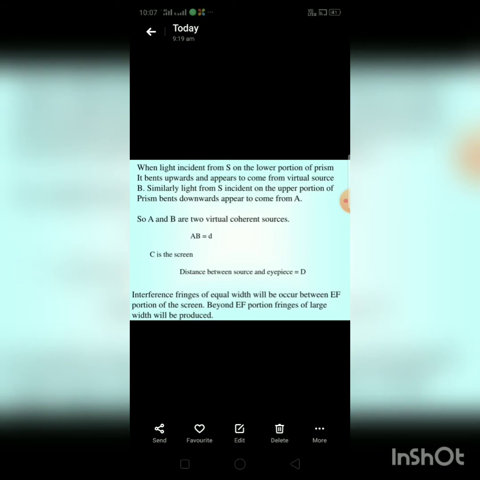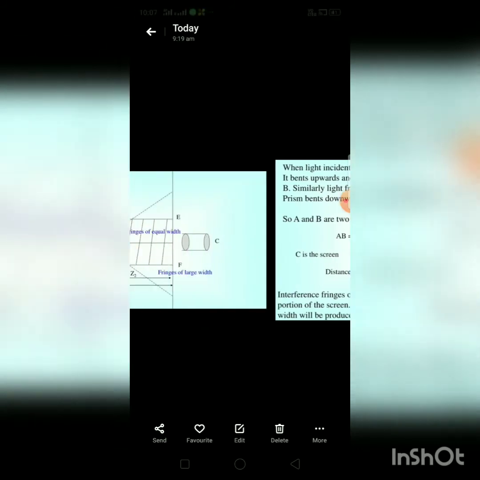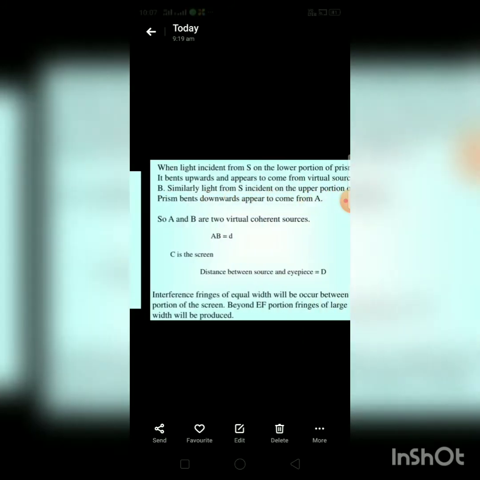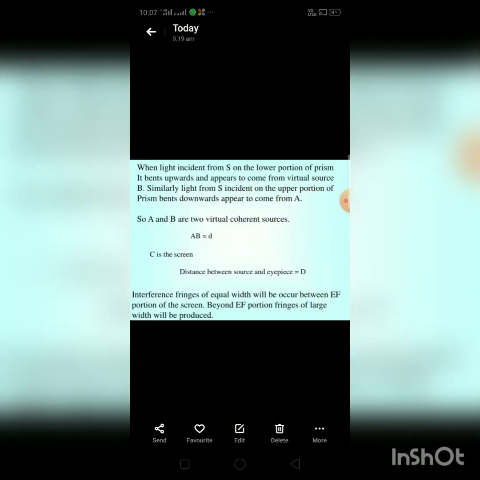Similarly, light from S incident on the upper portion of the prism bends downward and appears to come from A. So these are the two wavefronts formed with the help of the main source S. A and B are the two virtual coherent sources.